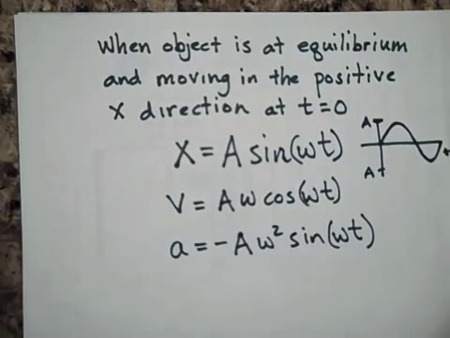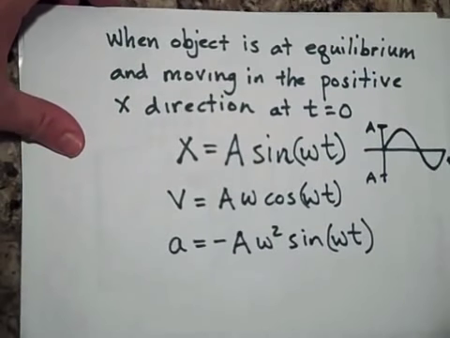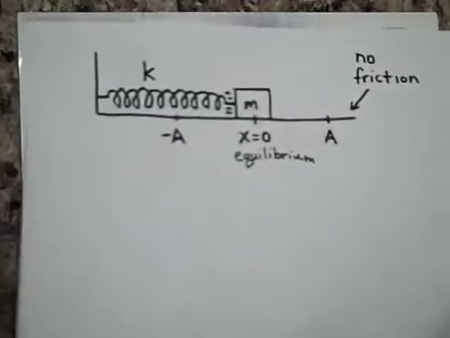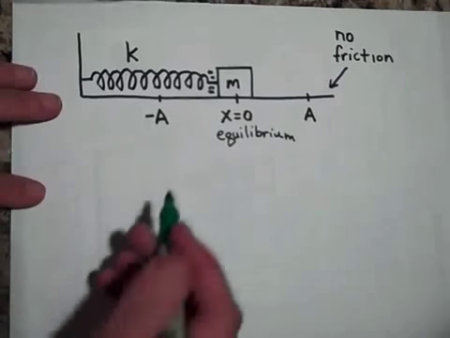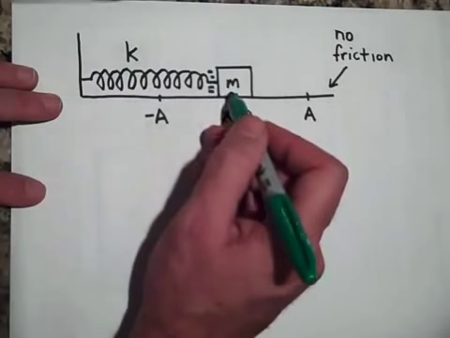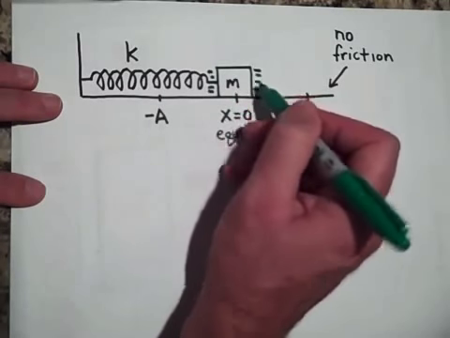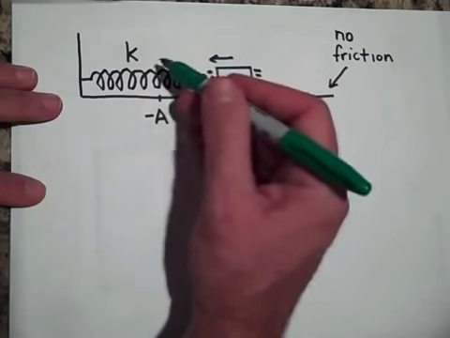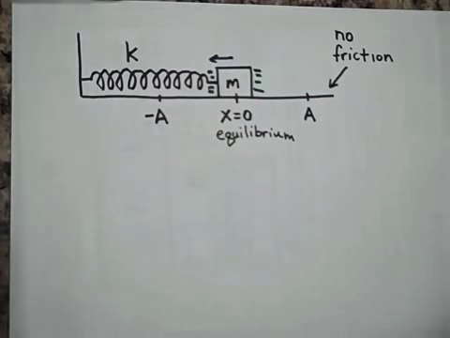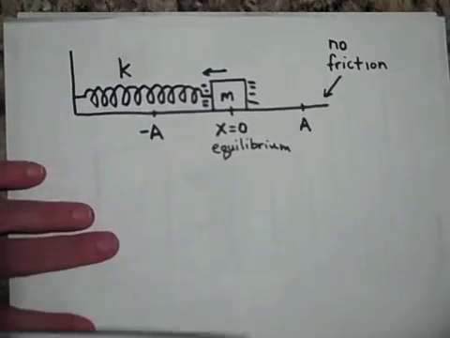Let's look at one other instance. Let's say we want to start our watch at t equals 0, not with the thing moving this way, but moving that way. What would we want to use for our original position function?